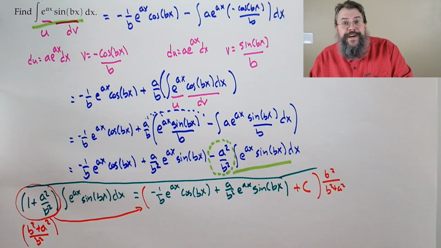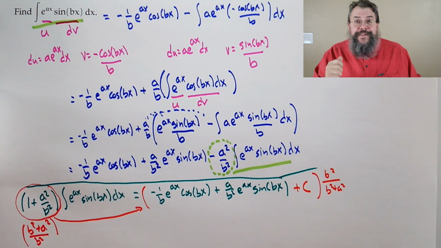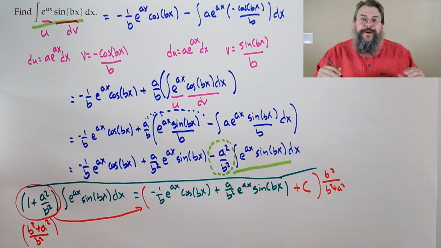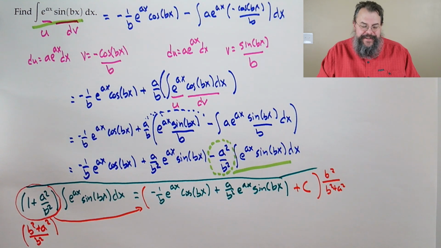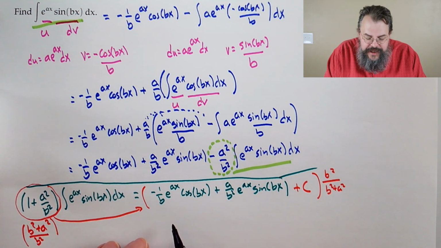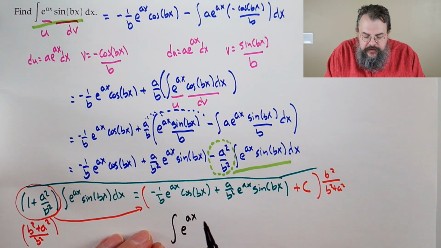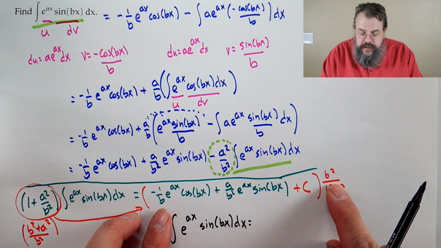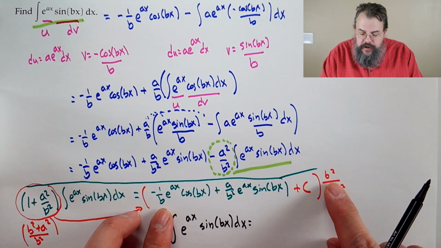So once we've done that, we're going to get our final answer. And good, because we're running out of space, so we better be getting to the point where we get our final answer. So our conclusion is the integral of e to the ax sine of bx dx is, when we multiply here, notice that we get a b to cancel with the b.